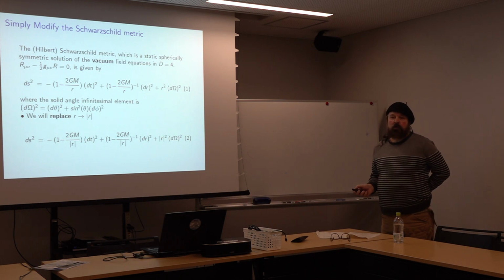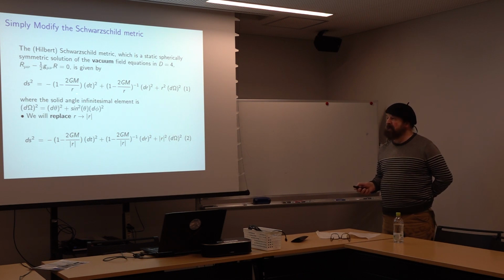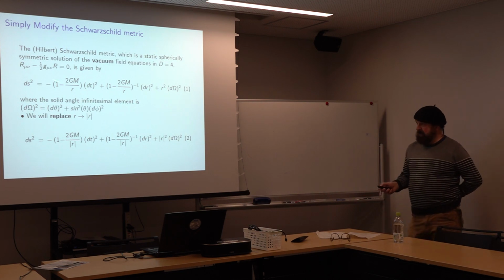So what I'm going to do is replace everywhere in this metric r with the absolute value of the magnitude R. Okay? So I'm going to have this metric. I'm going to replace R with its absolute value, and this is what I get.